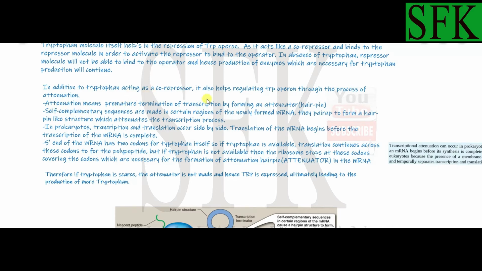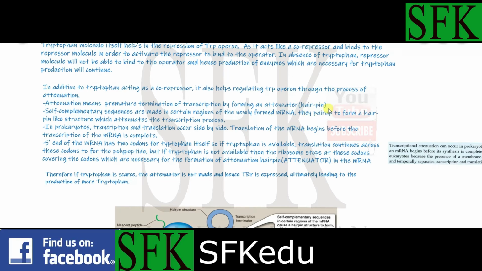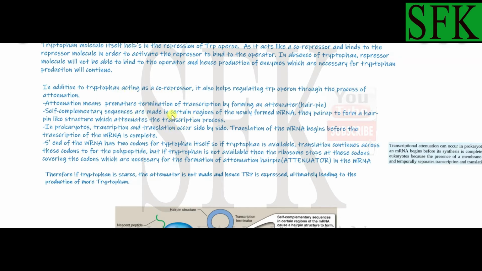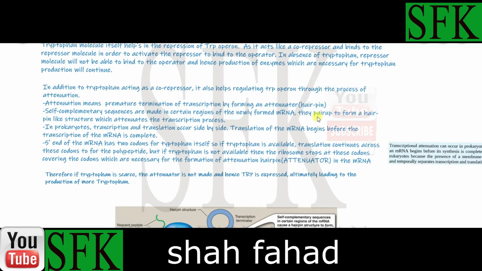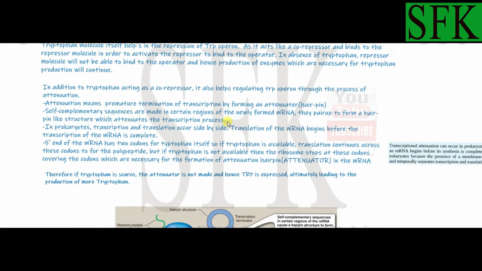It means a premature termination of the transcription process by forming an attenuator. The attenuator is a hairpin-like structure which is formed by self-complementary regions on the mRNA molecule. Self-complementary sequences are made in certain regions of the newly formed mRNA, and they pair up to form a hairpin-like structure. This hairpin-like structure attenuates the transcription process. It actually stops the transcription process.